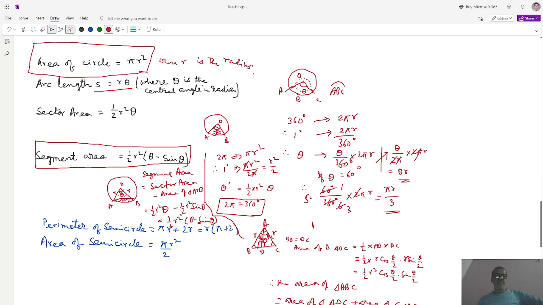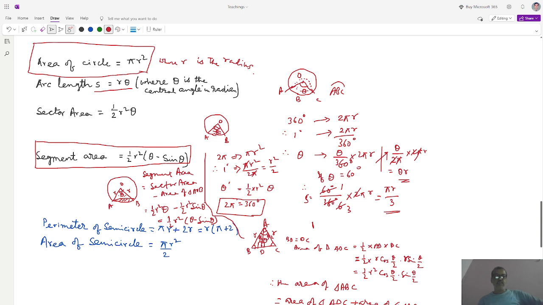You may have a query how I put half r square sine theta in place of the area of triangle AOB. Here is the clarification.